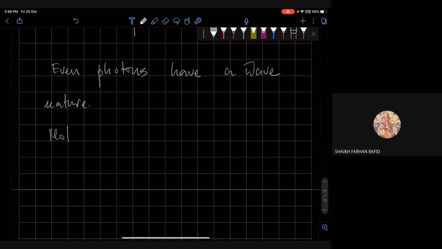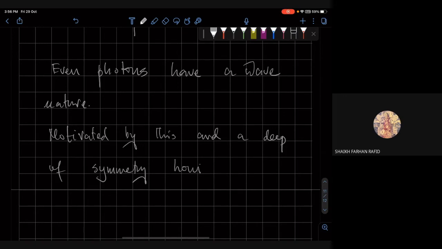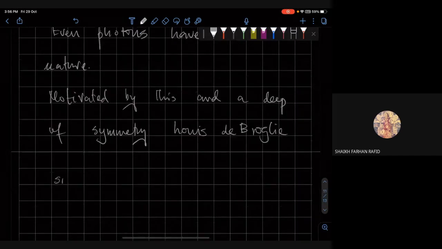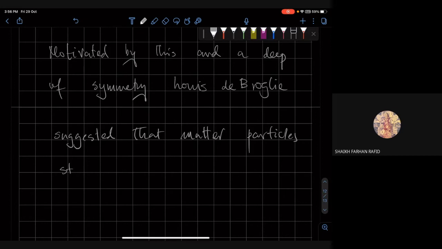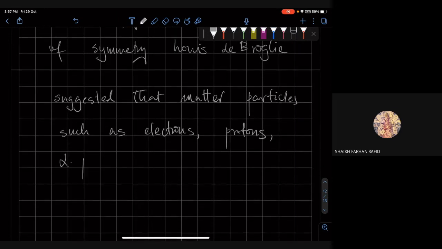Motivated by this, and a deep sense of symmetry, the French physicist Louis de Broglie suggested that matter particles such as electrons, protons, alpha particles, etc., should also have a wave nature.